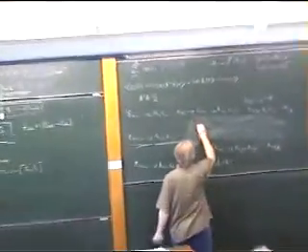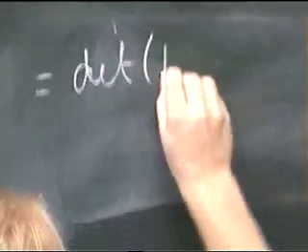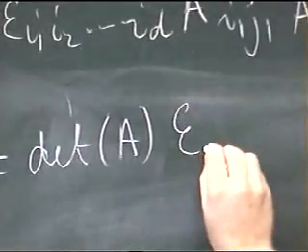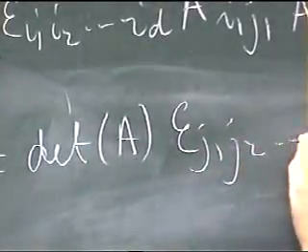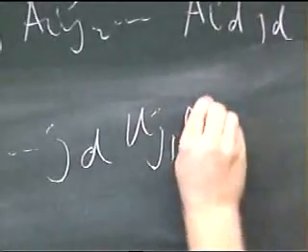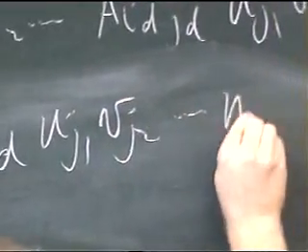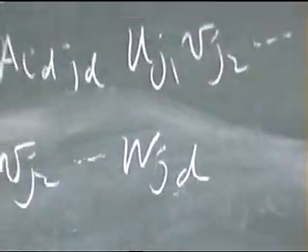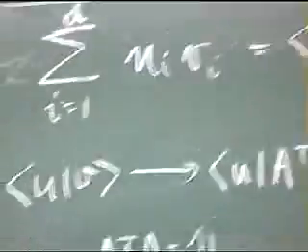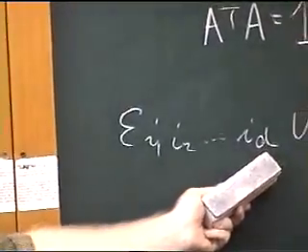So what is this equal to? This is equal to the determinant of A, epsilon J1, J2, up to JD, U J1, V J2, up to W JD. So if I require that both that is an invariant and this object is an invariant, now I've got SOD.